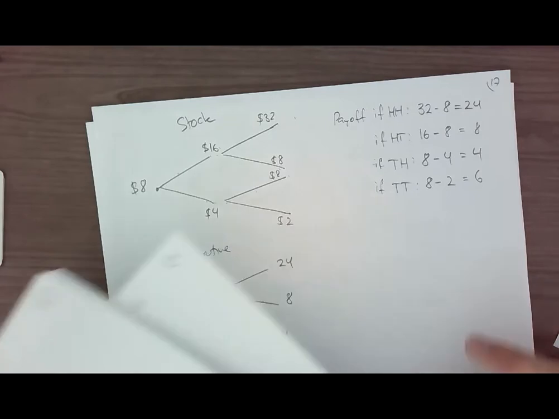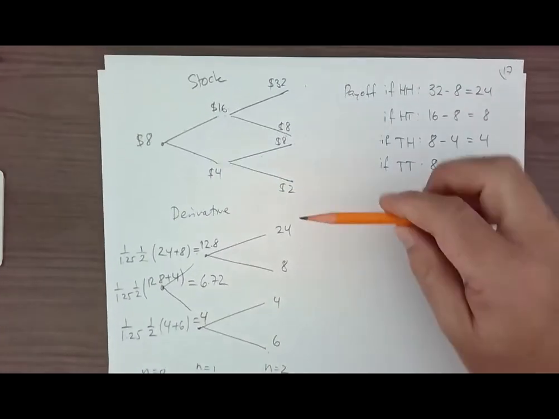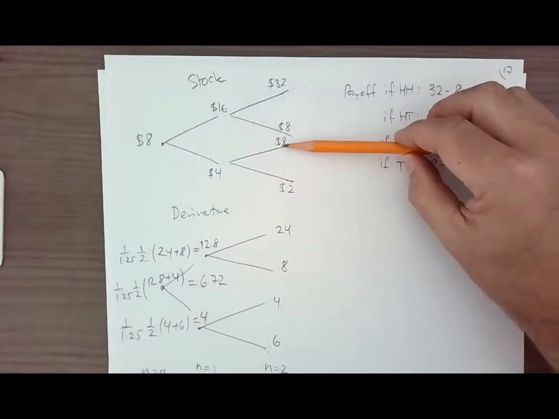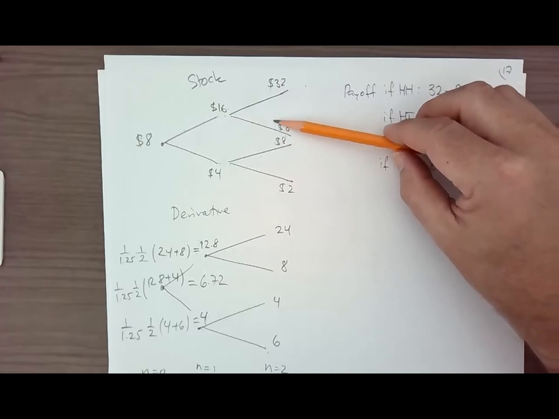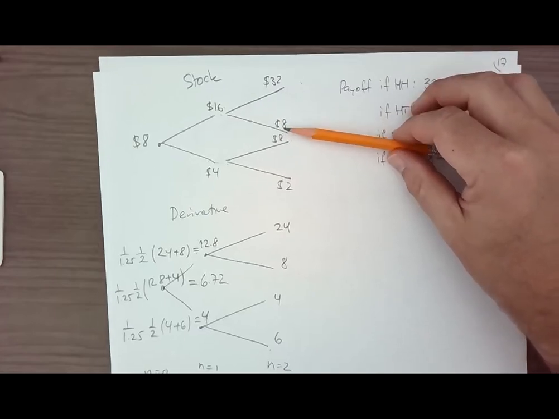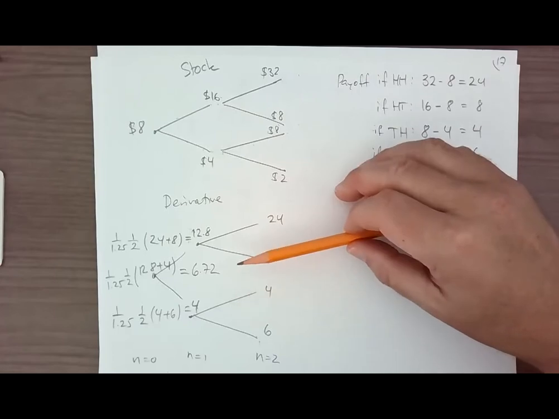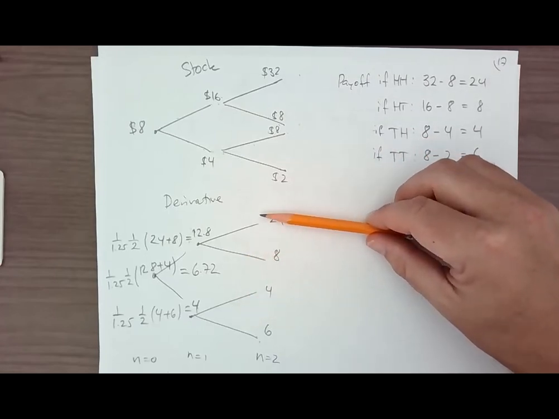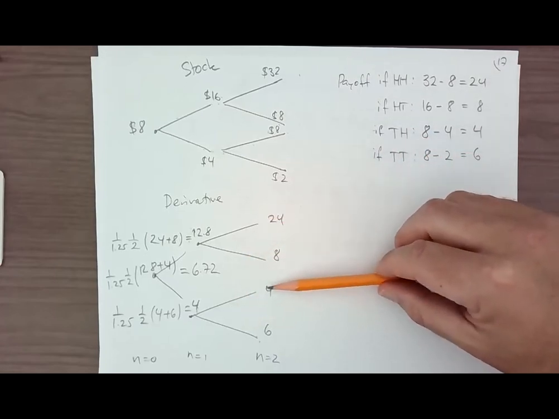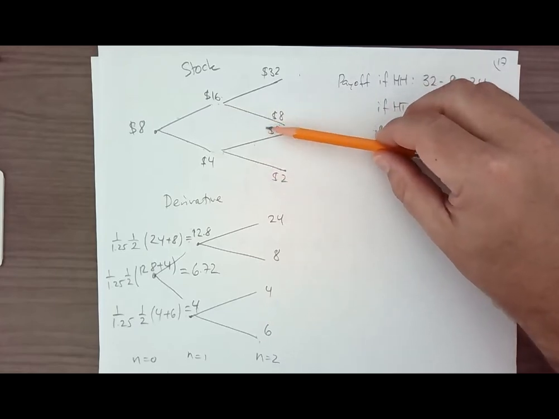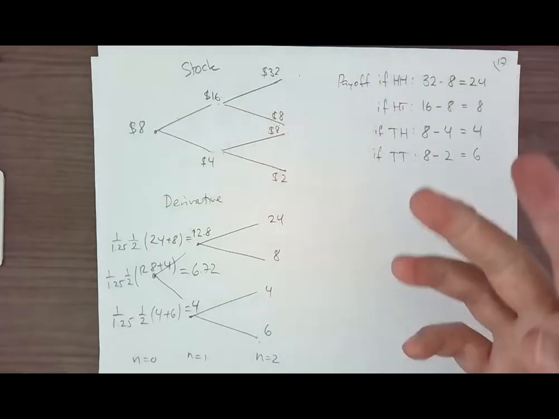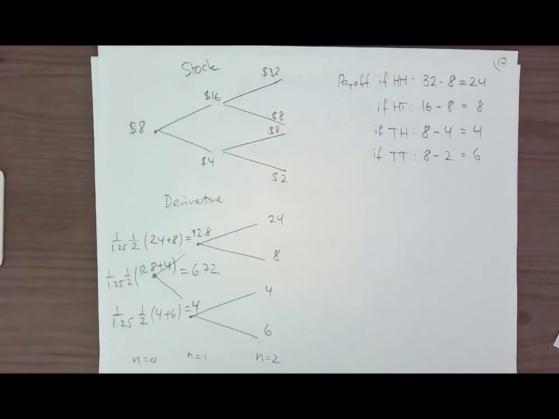And that means you have to keep track of everything. And therefore, it's just a good idea, even though you don't have to draw these two branches here, you could combine them. When it comes to the actual derivative, you need these branches typically to be separated out, because 4 and 8 are not the same, even though here you have the same. Right? And the reason for that is this lack of the Markov property.